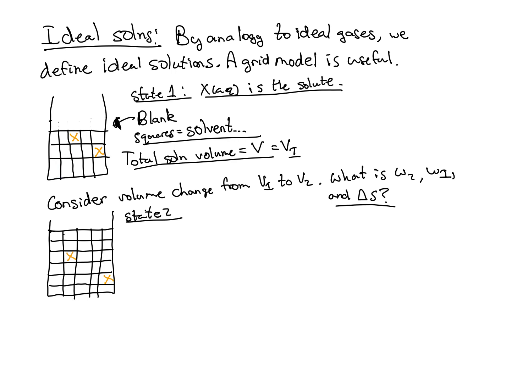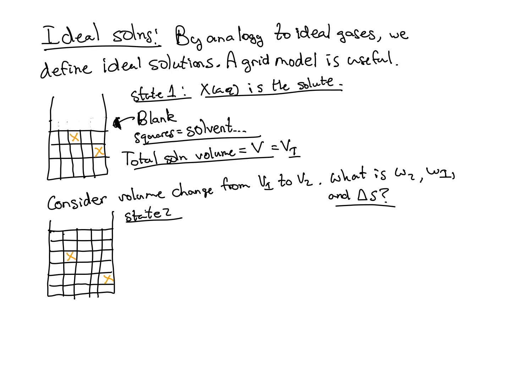There's some total volume of our solution, V, and let's say this is an initial volume, V1. Now let's say we do a dilution, so we add some more water to the solution and go from a volume V1 to V2. Let's think about what happens to the microstates for each particle, and therefore what happens to delta S, when we go from this initial state with volume V1 to a new state with a larger volume V2.